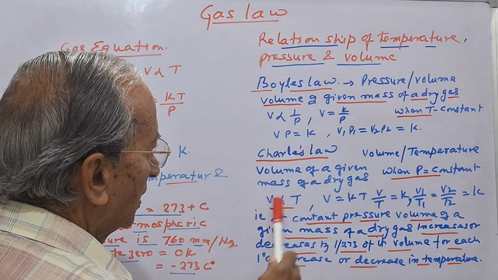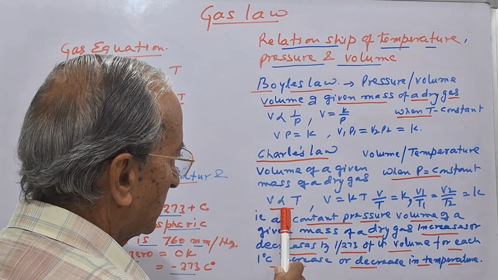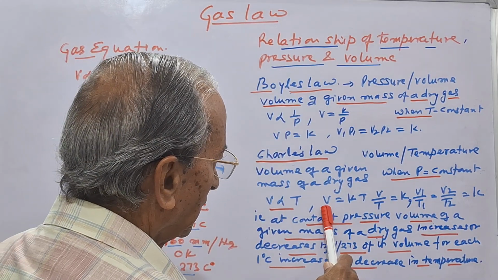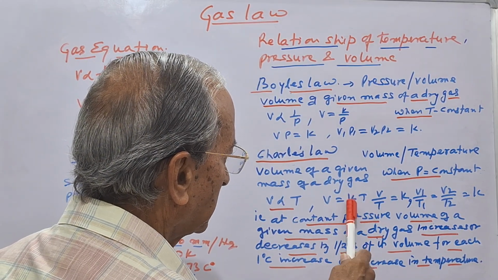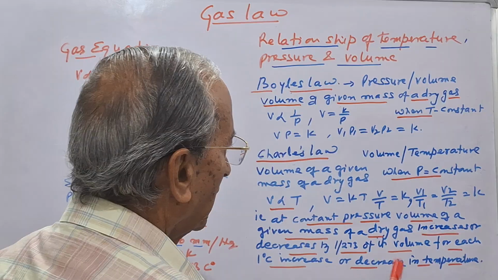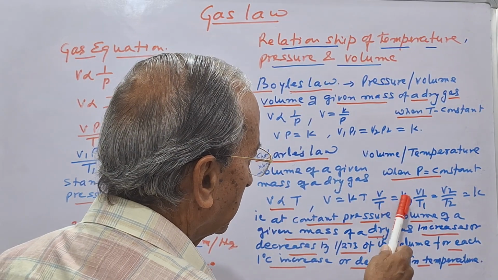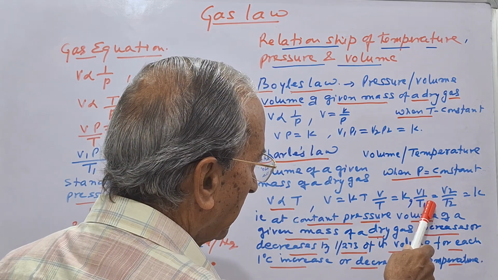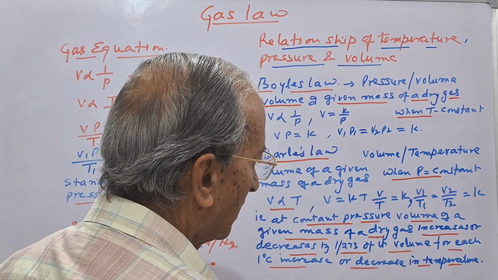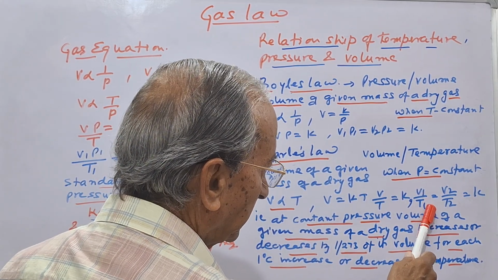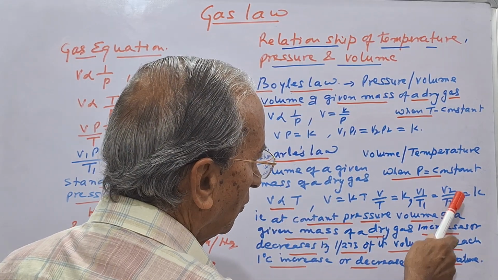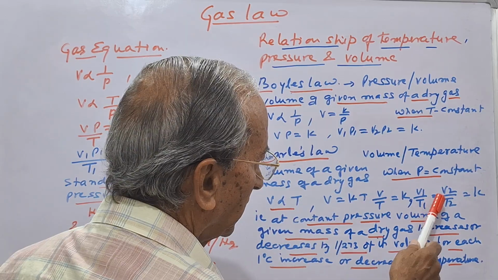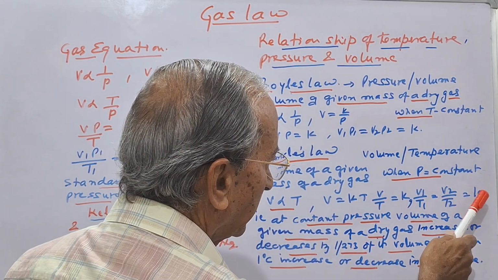Volume of a given mass of dry gas is directly proportional to the temperature, or we say V is equal to K into T, where K is a constant, or V upon T is a constant K. Now suppose at a given temperature T1, volume of the gas is V1, and then we change the temperature to T2, volume becomes V2, then V1 upon T1 is equal to V2 upon T2, that is a constant.